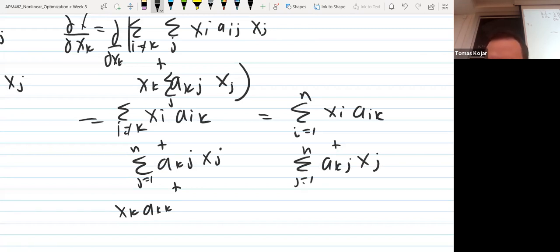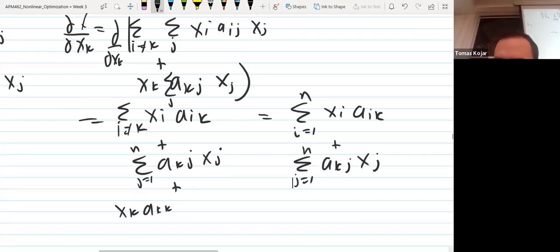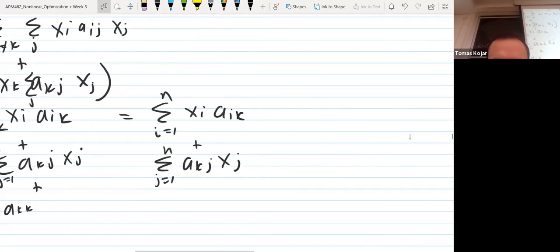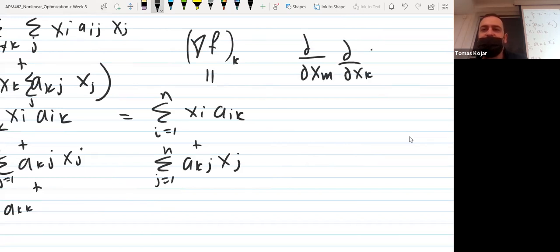Is that okay? Yeah. Now, so you have a gradient, and this is the kth component. All right. Is there a better way to do this? I hate this. But now take the m derivative of the x_k derivative, right?